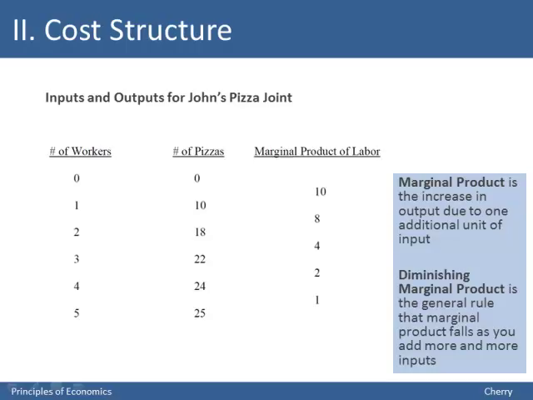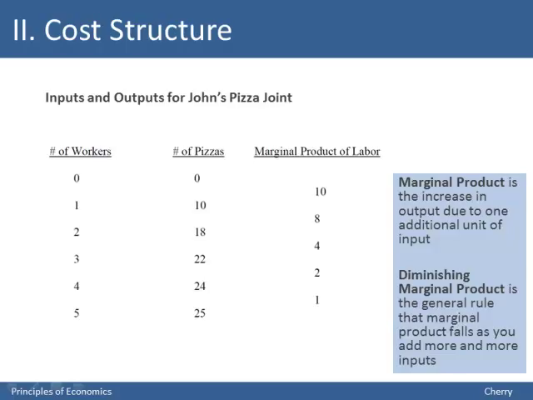And what we see here is for every additional worker that you add, their marginal product is lower. And that's the concept of diminishing marginal product. It's a general rule that marginal product falls as you add more and more. And one thing to keep in mind, which might help understand that concept, is that everything else is held constant. Right?